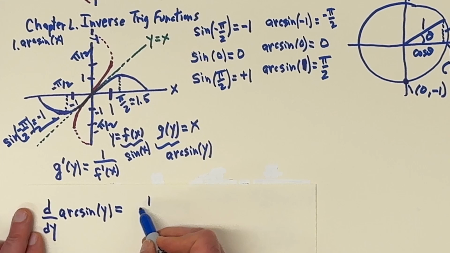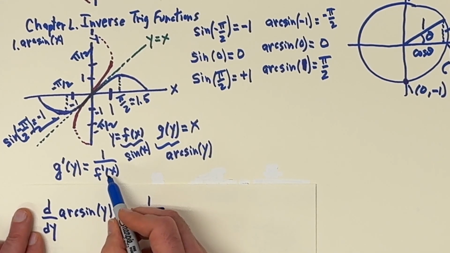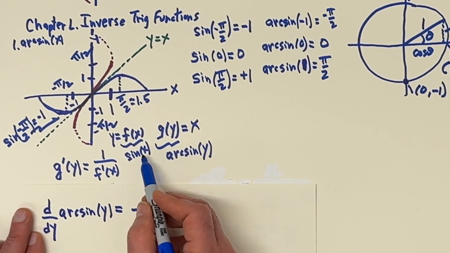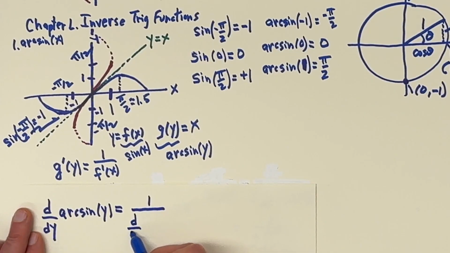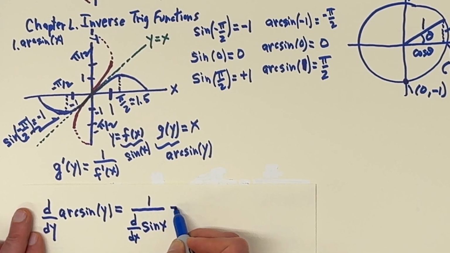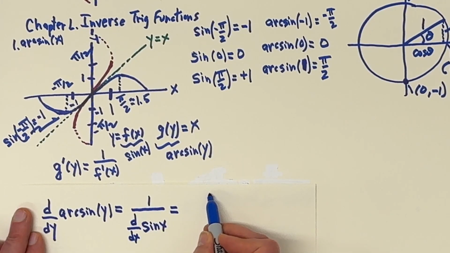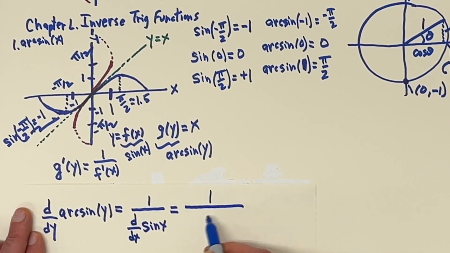That's going to be 1 over the derivative with respect to x of your f function, which is your sine of x. So this is d dx sine of x. Now we can do this one easily. The derivative of the sine is the cosine.